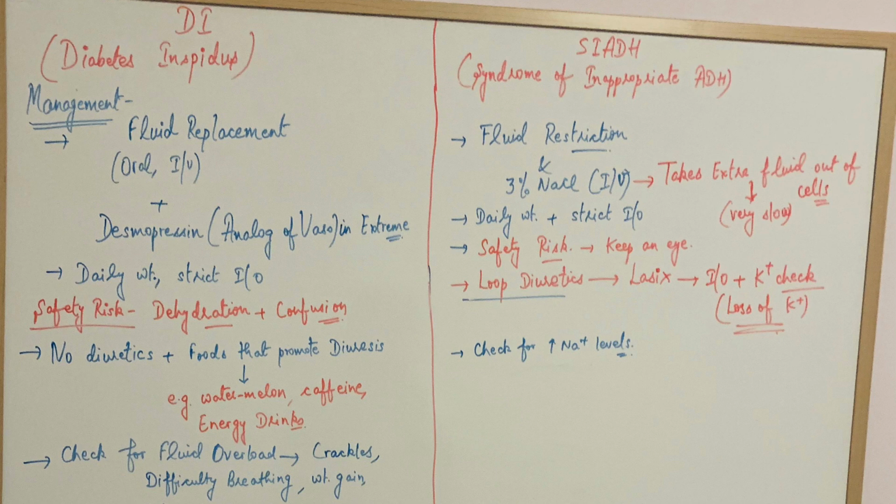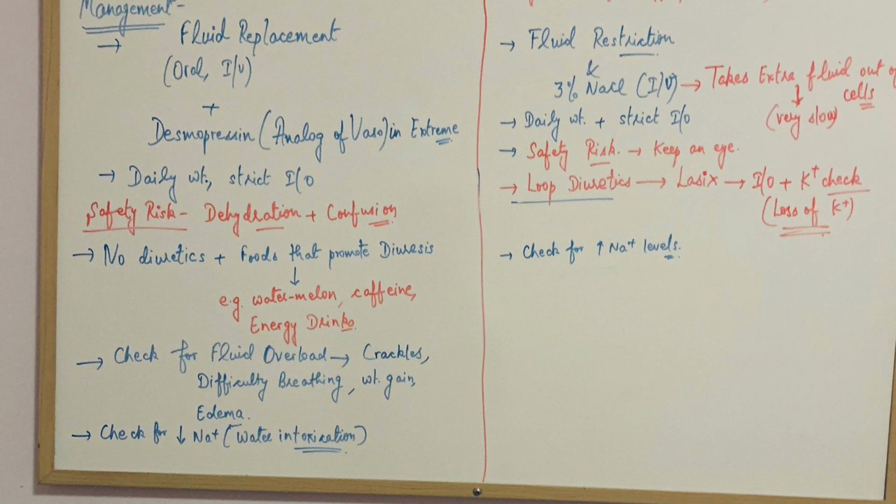Extra fluid accumulated inside the body cells is taken out by 3% NaCl, and it will balance the sodium and water level inside the cells. So that's the basic reason behind giving a hypertonic solution.